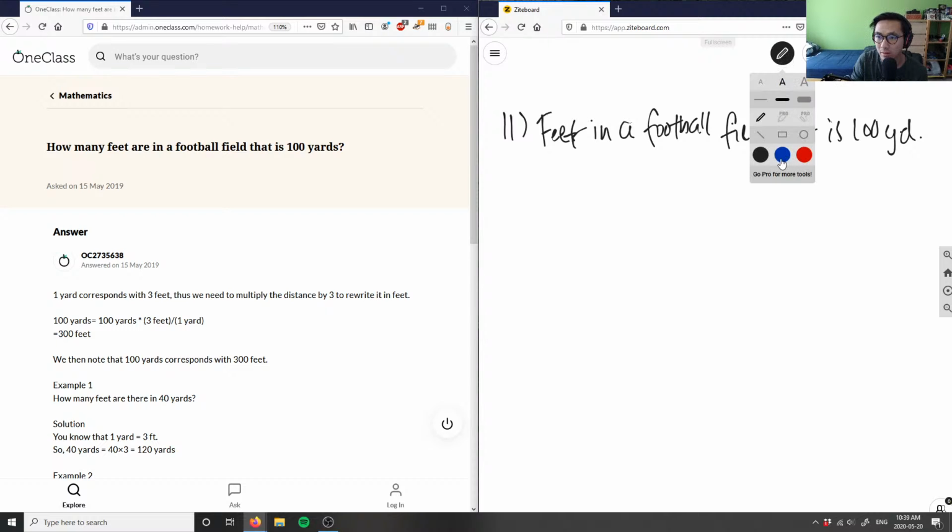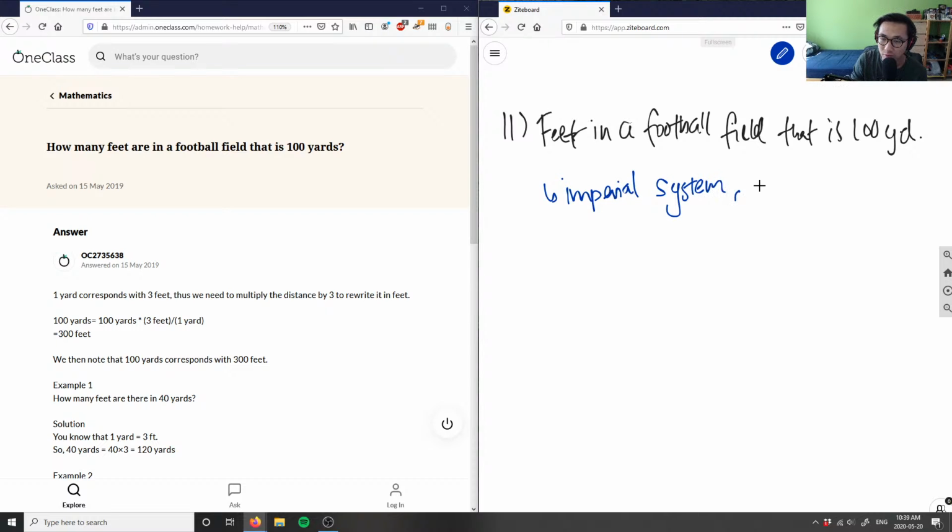So again, this is in the imperial system. This is measuring length. So I'm looking at the imperial system.